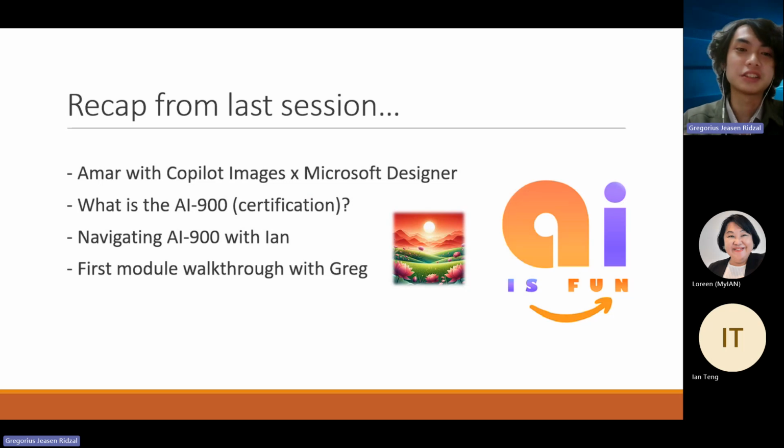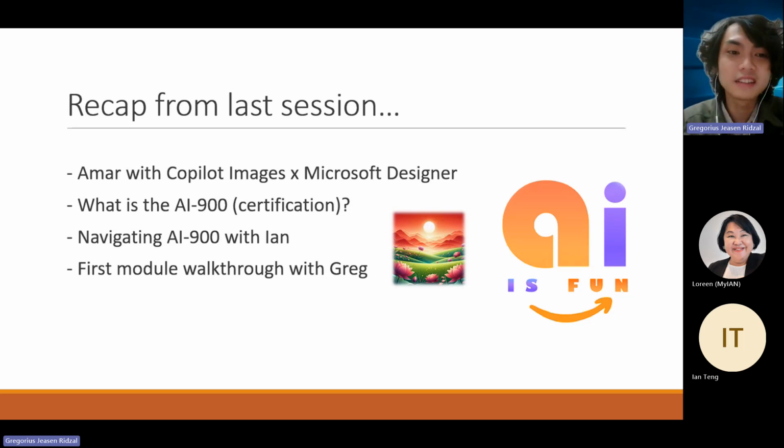And also in last session, we started off talking about this AI-900 certification. I will be doing a bit of a rehash later, but essentially, it is Microsoft's very own fundamental AI course for you to get your basics started, if you want to start a career maybe in the field of AI, or you want to use those skills as a supporting thing in your current job.